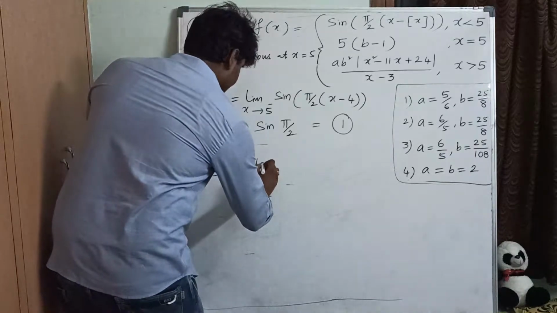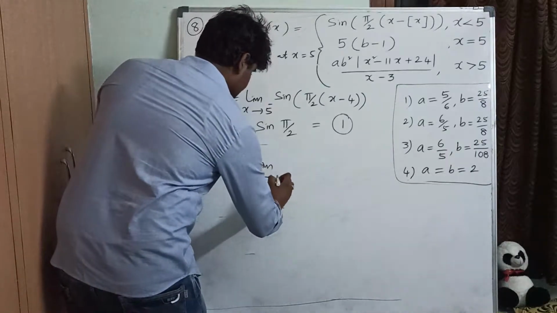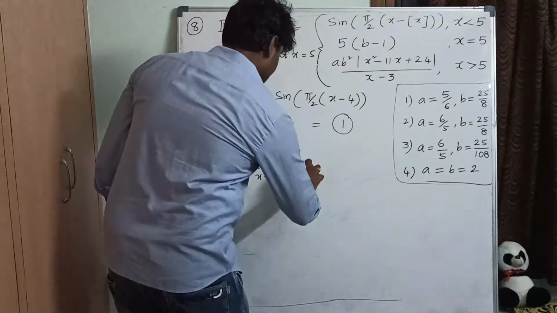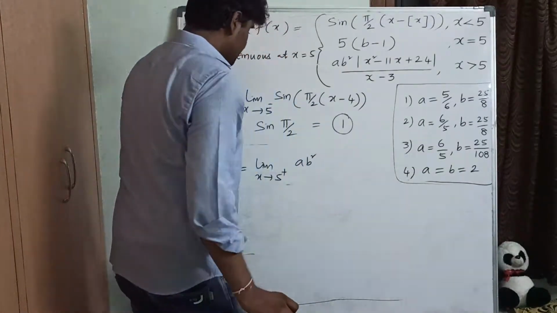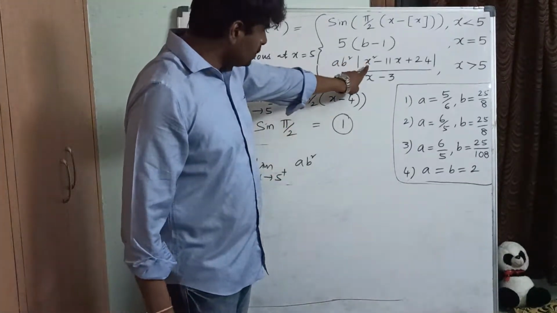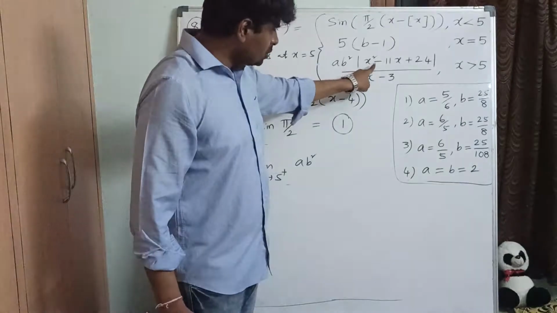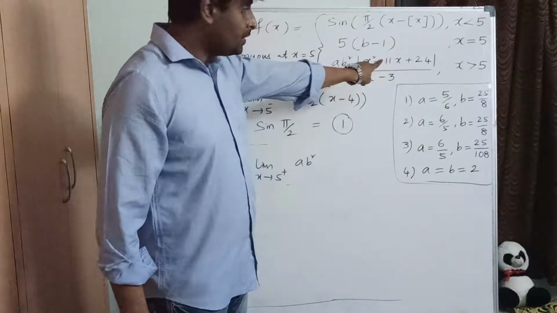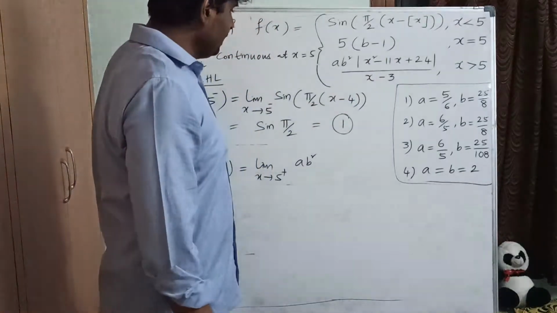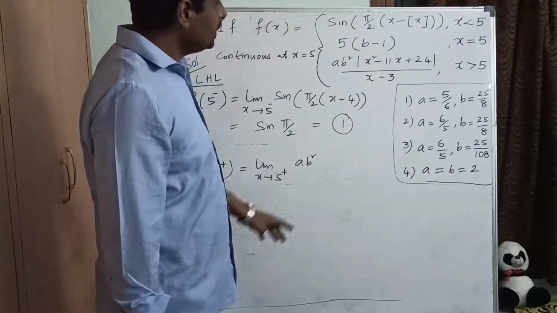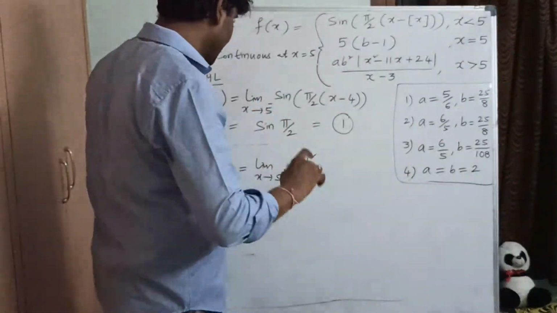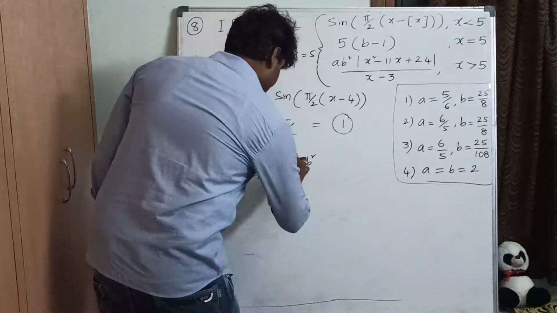So the limit extends to 5 plus, see here, ab square. Now observe, at 5 you are going to find RHL. At x equal to 5, will this be positive or negative? 5 square is 25, 25 minus 55, what will you get? Minus 30, minus 30 plus 24, negative, so I can take minus here.